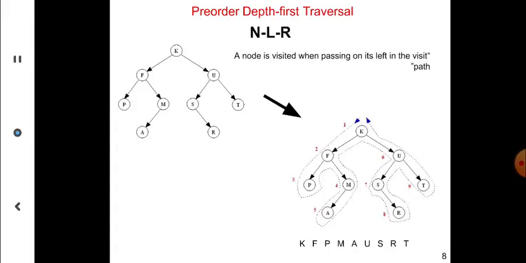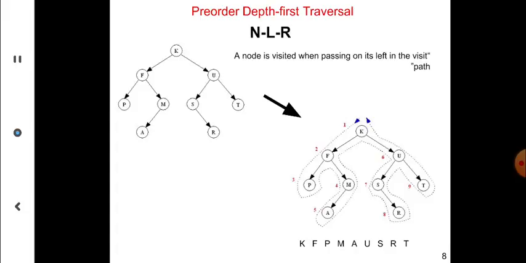So look at this pre-order depth first traversal. Pre-order means we go to the node first, then left and right. Look at it very carefully. You start with the node, so you start with K, and then you are traveling all nodes. The next node that comes is F, and after F you are traveling to the left subtree.